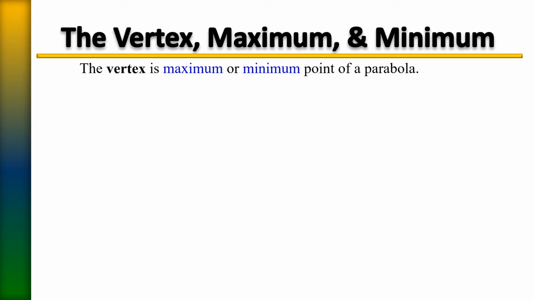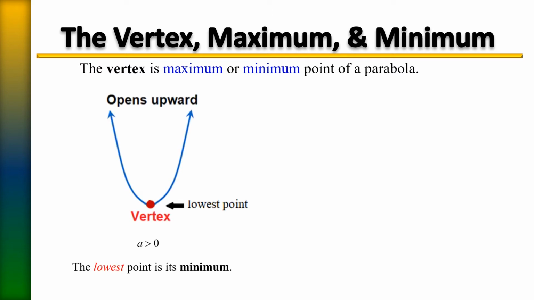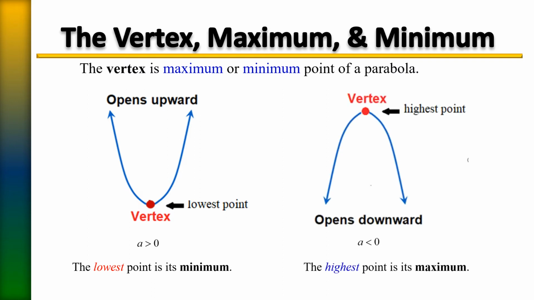If the parabola opens upward, you have a lowest point, which is called the minimum. And if the parabola opens downward, you have a highest point, which is called the maximum.